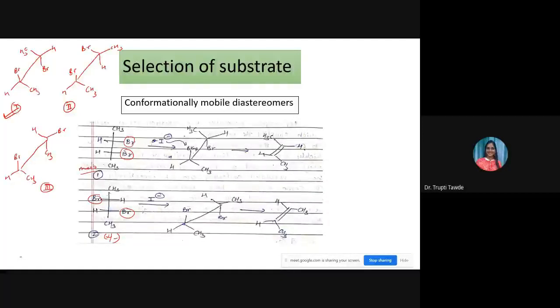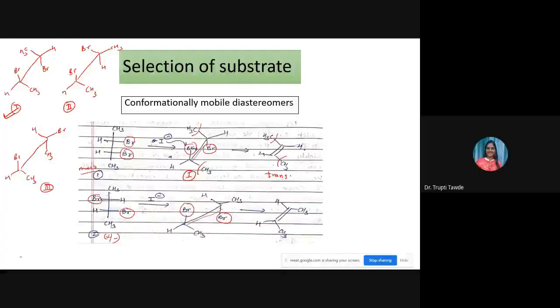So I've considered here, you can see, this is the first conformation I have selected. Now these two bromine groups are going to leave and the double bond will form here, so you can see the two CH3 groups are going to be anti to each other, so I'm going to end up with the trans product. Okay, but in a similar case when we start with the plus minus isomer, again there are three different conformations possible, but we have selected the one which has the bromines anti to each other.